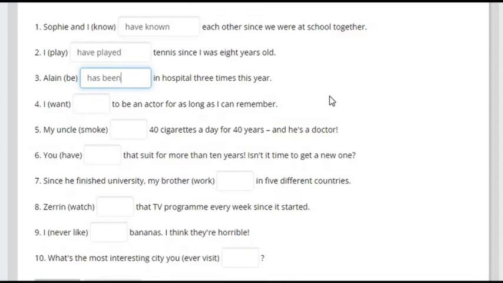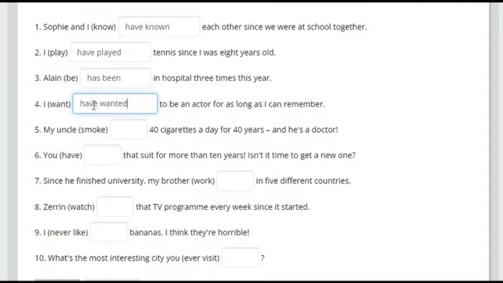I want to be an actor for as long as I can remember. So create your own answer. We put auxiliary verb have and past participle of the verb want is wanted, have wanted.